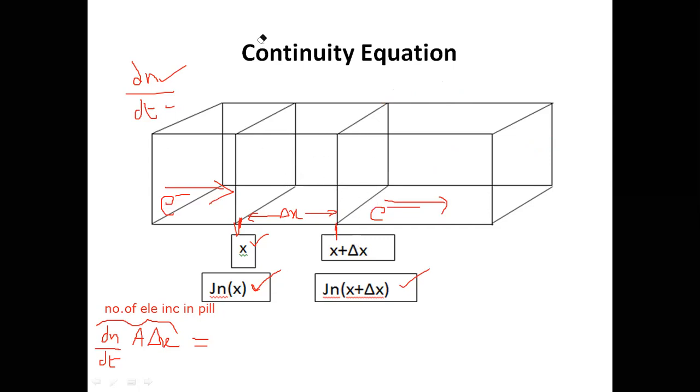Jn is the current density entering into the pill box, and Jn of x plus delta x is the current density leaving the pill box. I want current, not current density. So what I will do is, current density J equals current per unit area.